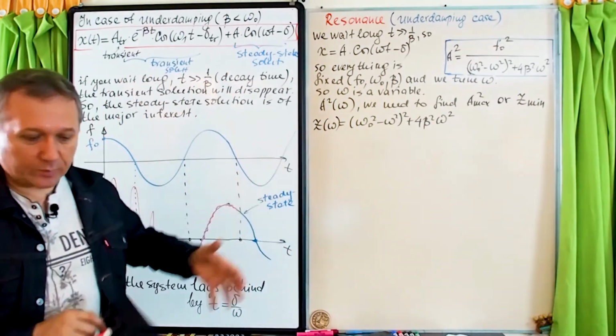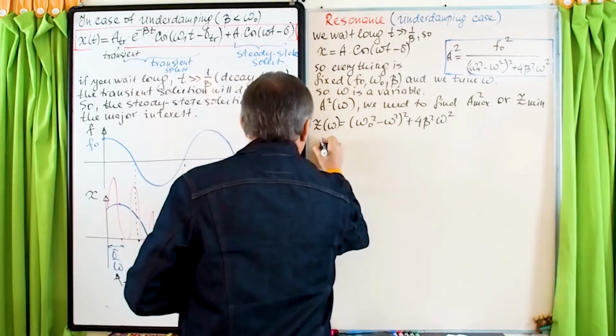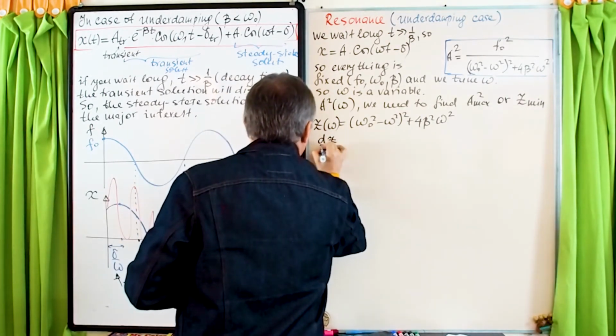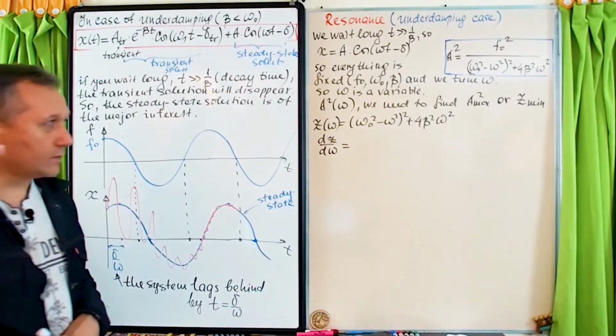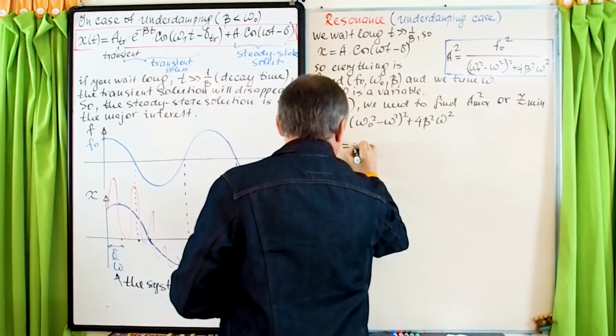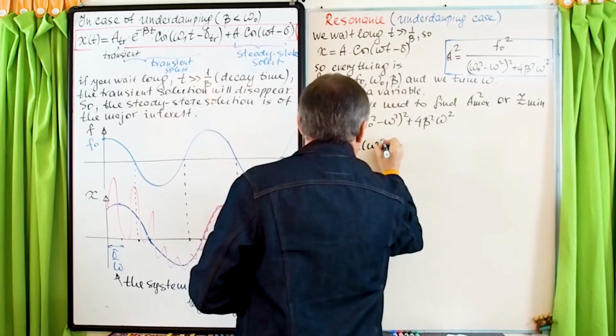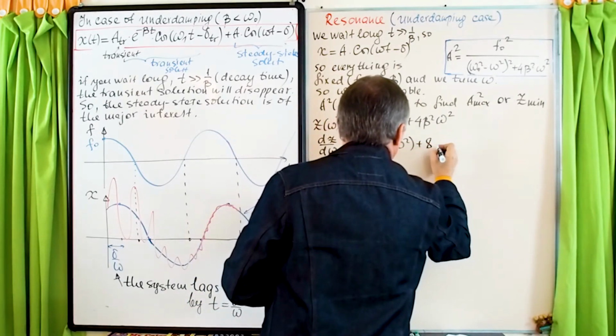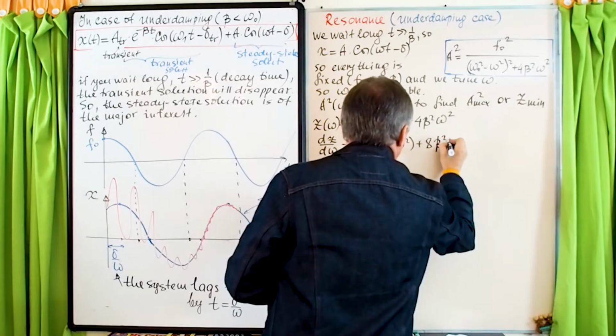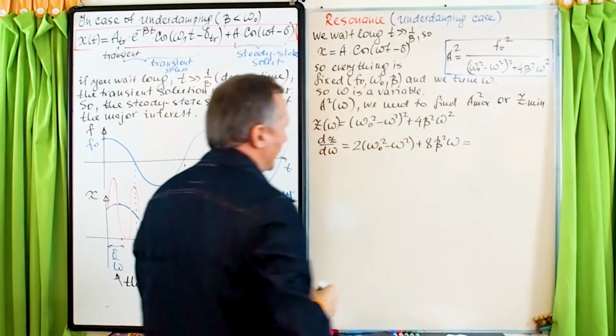So first, let's find the stationary point. So dz over d omega. If you differentiate this, you will get 2 times omega naught squared minus omega squared, plus 8 beta squared omega.